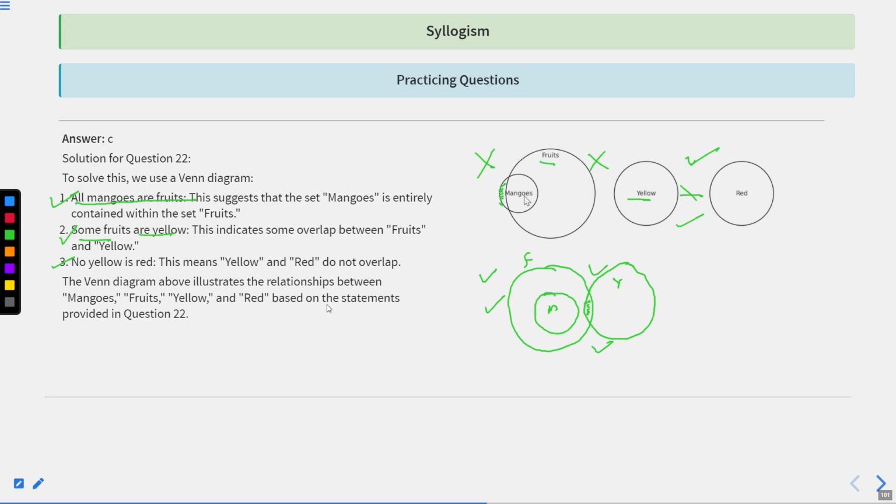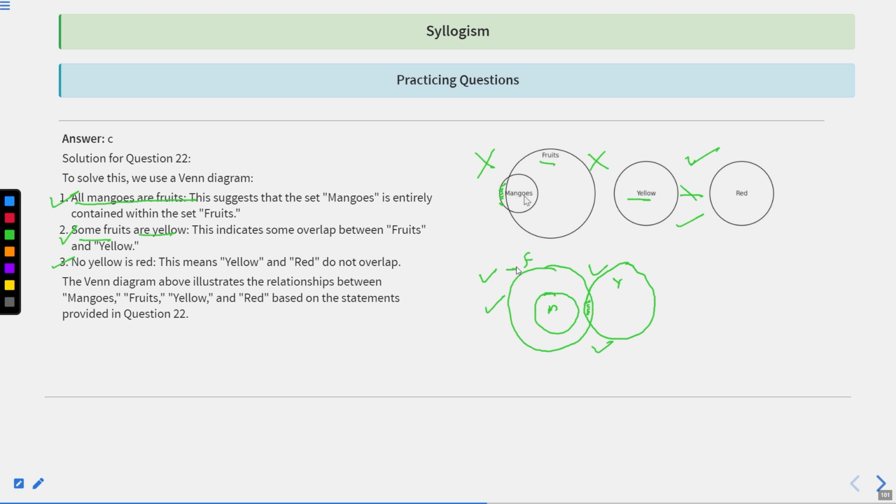Now, it is saying that all mangoes being yellow is a possibility. Whenever the word possibility comes up, we need to first figure out whether we can infer it from this particular relation in the Venn diagram, where all mangoes are fruits. If the statement had been all mangoes which are fruits are yellow, then obviously it would have been correct.